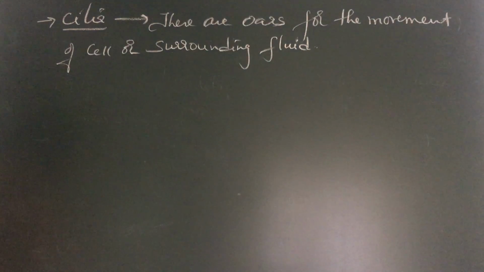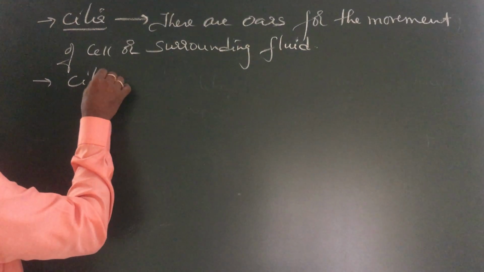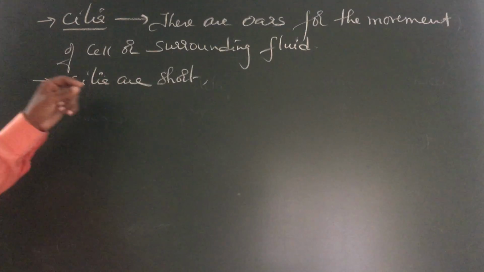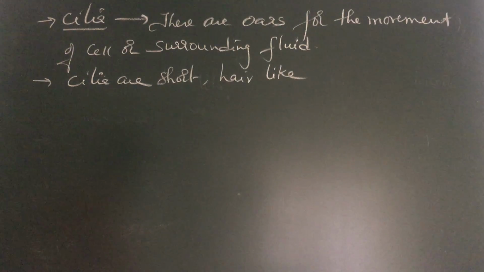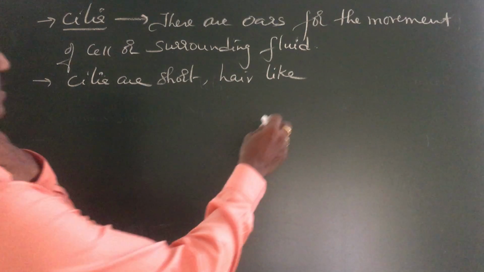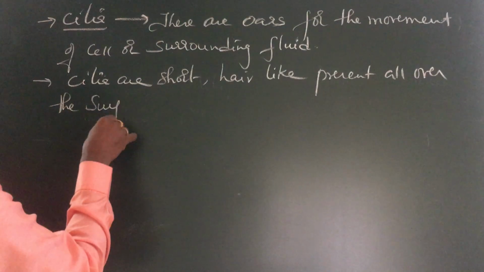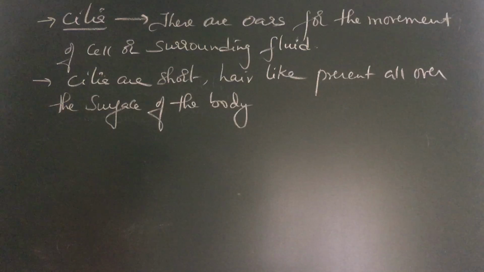Next, cilia are short, hair-like projections present all over the surface of the body, or in specific regions of ciliate protozoans.